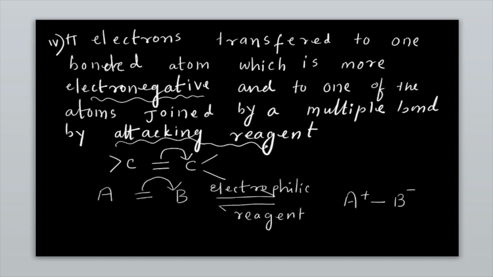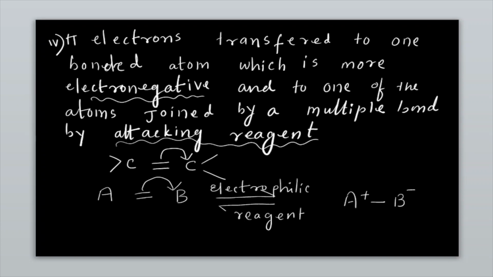If an attacking reagent is present, consider a carbon-carbon double bond. Both carbons have the same electronegativity, so there is no indication of transfer. But in A=B, where B is highly electronegative and A is less electronegative, the two pi electrons transfer to B, giving A plus and B minus.